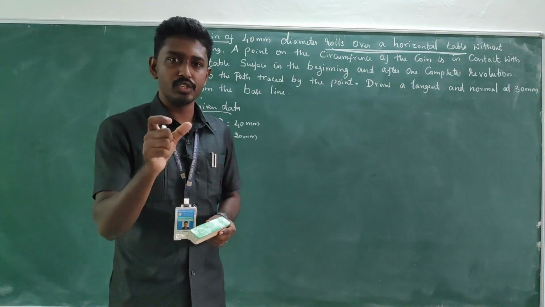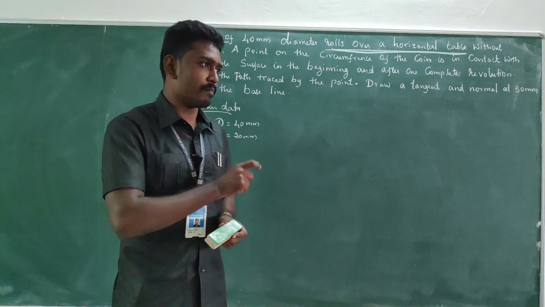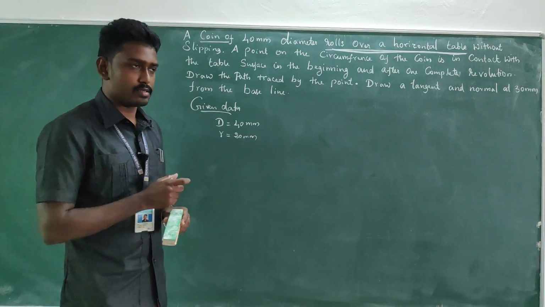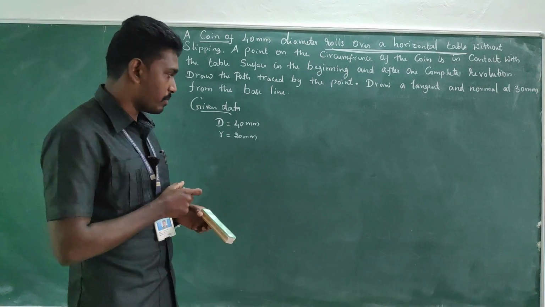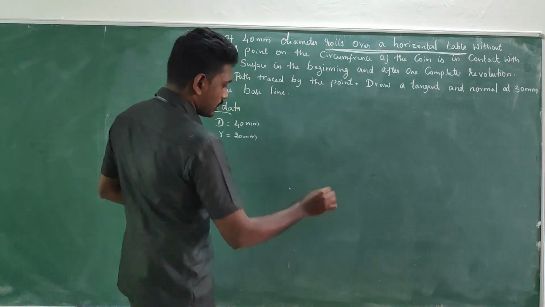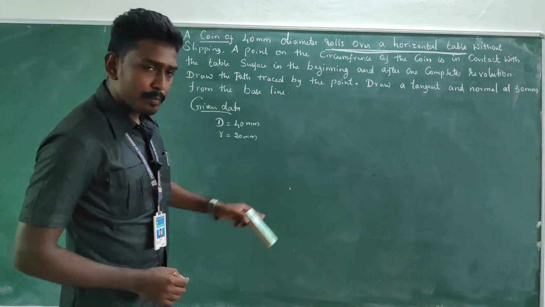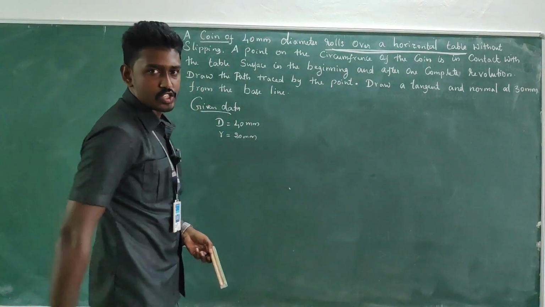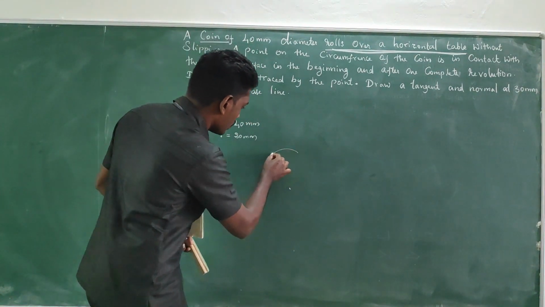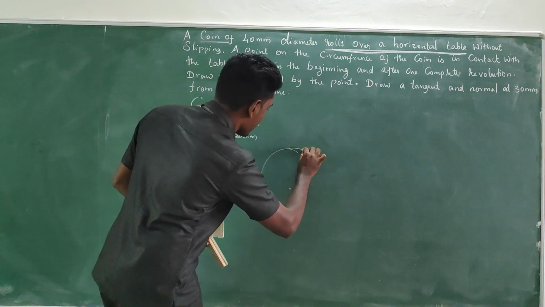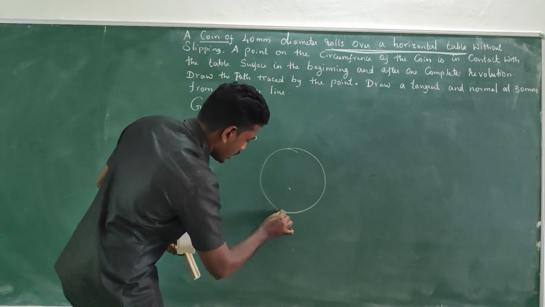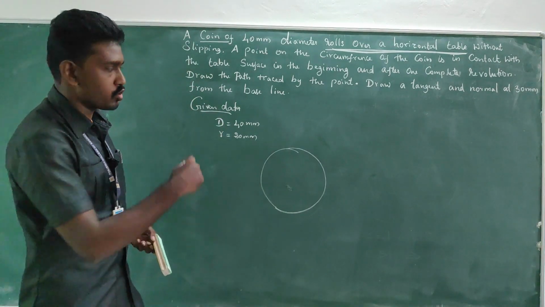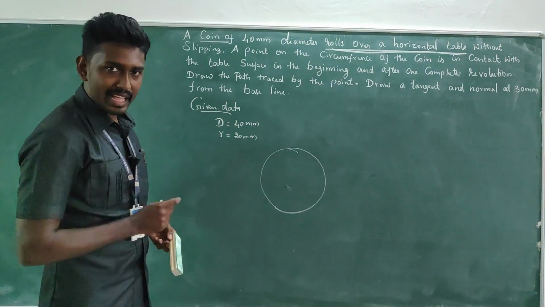For that, you have to take the compass and read 20 mm in your compass. Place a point as the center and go for a circle, so that we will get a circle in this manner. You have measured 20 mm in your compass in order to achieve a 40 mm diameter.